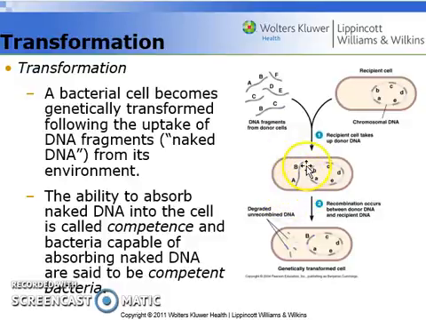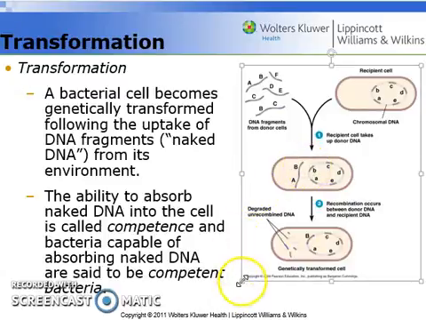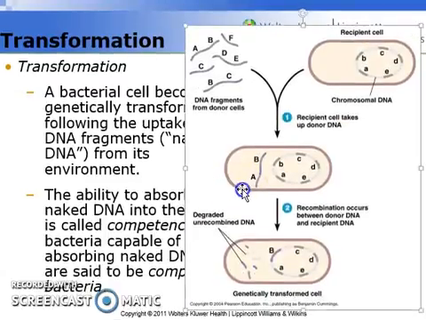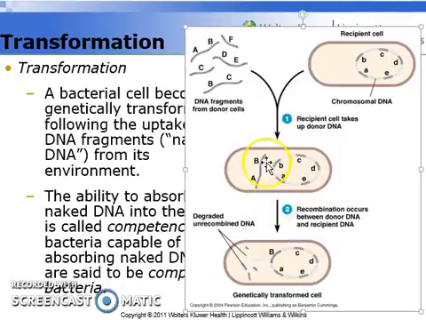So here you see these strands that are identified as capital A and capital B, and then you have this bacterial chromosome, which is B, A, C, D, E. Well, what's happening here is once we add DNA fragments from a donor cell into this cell, uptake occurs, and then components like B are going to be integrated into the genetic code.